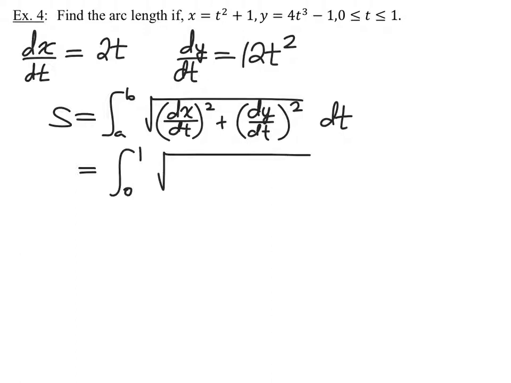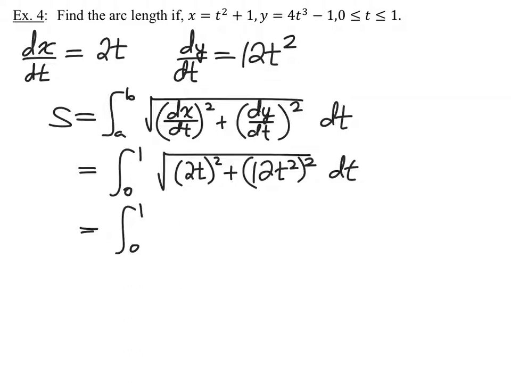dx dt is 2t, so 2t, quantity squared, plus 12t squared, squared, dt.